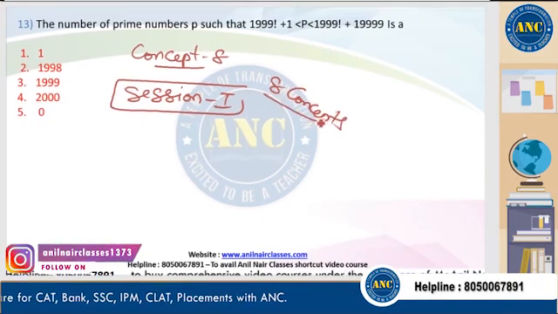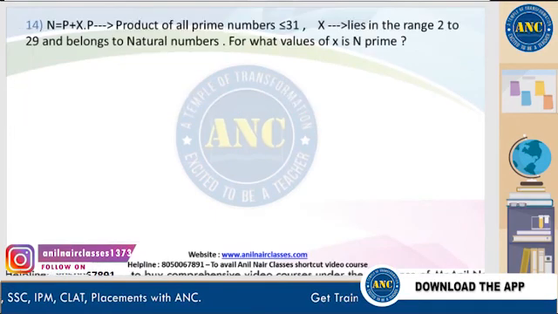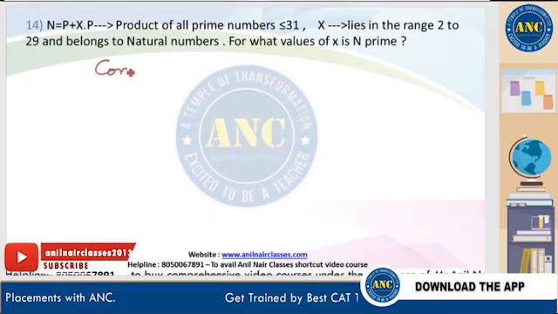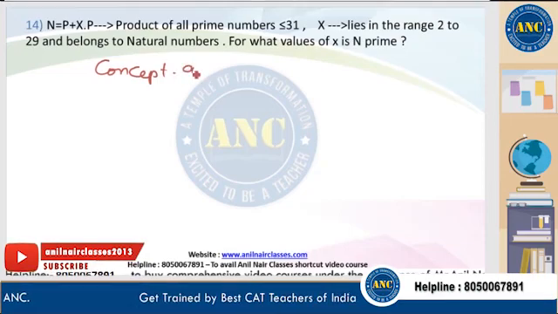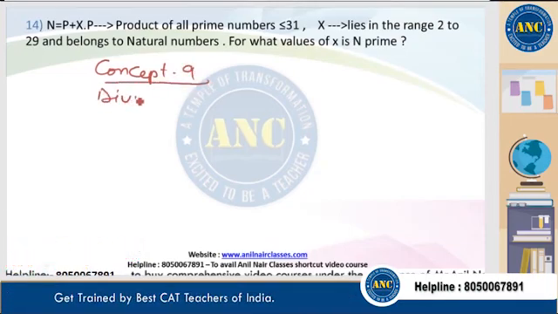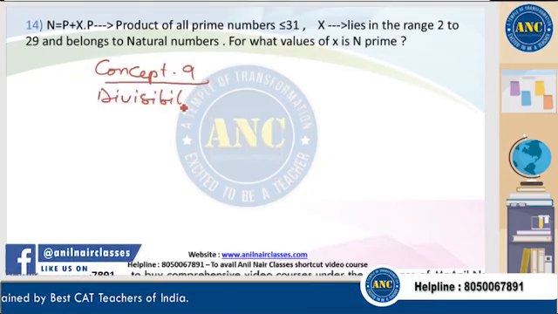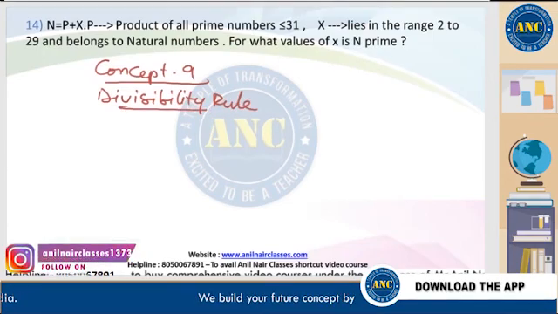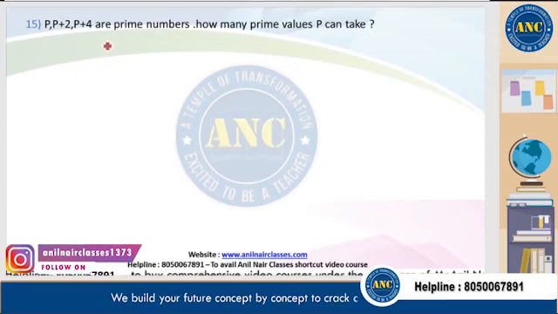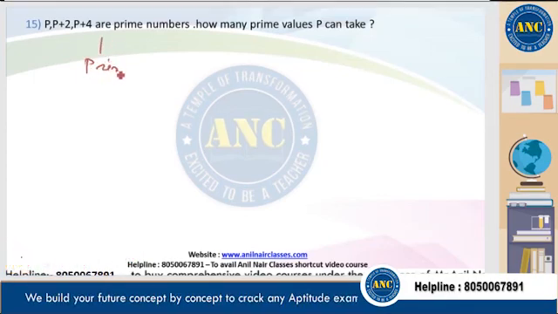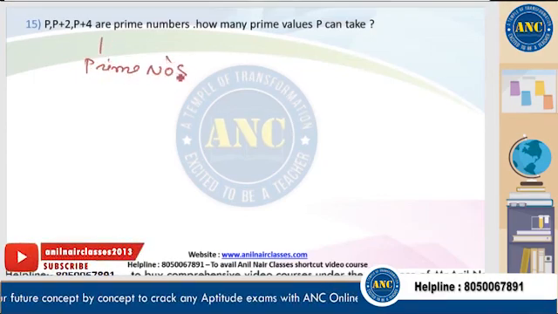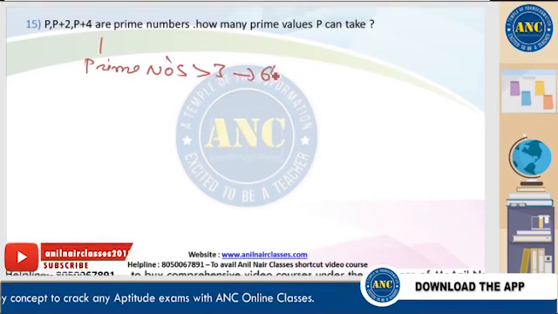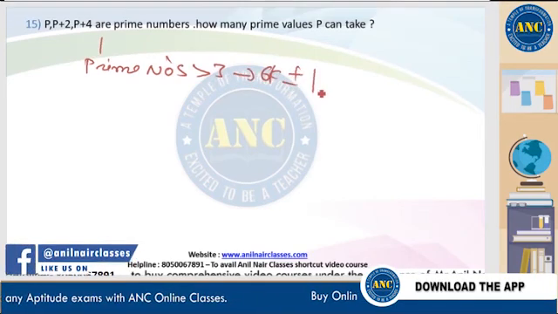Today afternoon, I took session 2. In session 2, this is concept 9, again by using the divisibility rules, divisibility rule concept, concept 9. Again using prime numbers greater than 3, which are of the form 6k plus or minus 1.